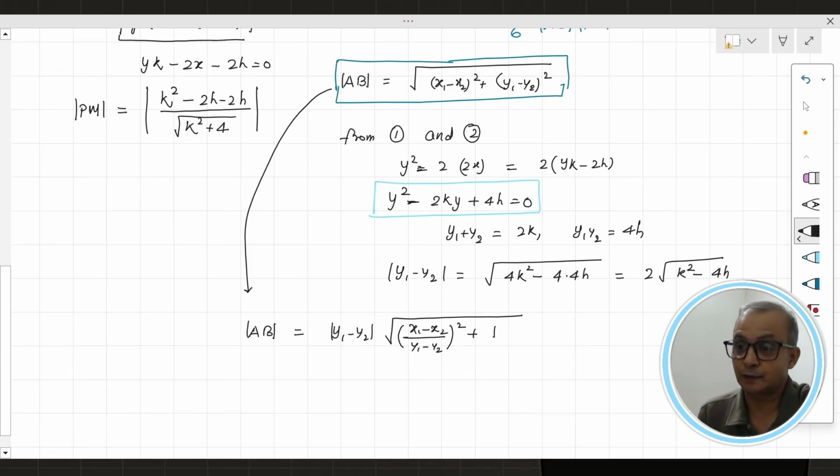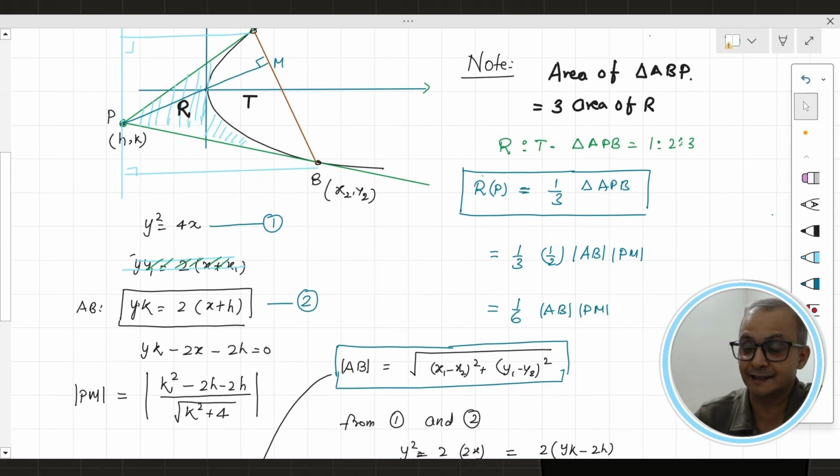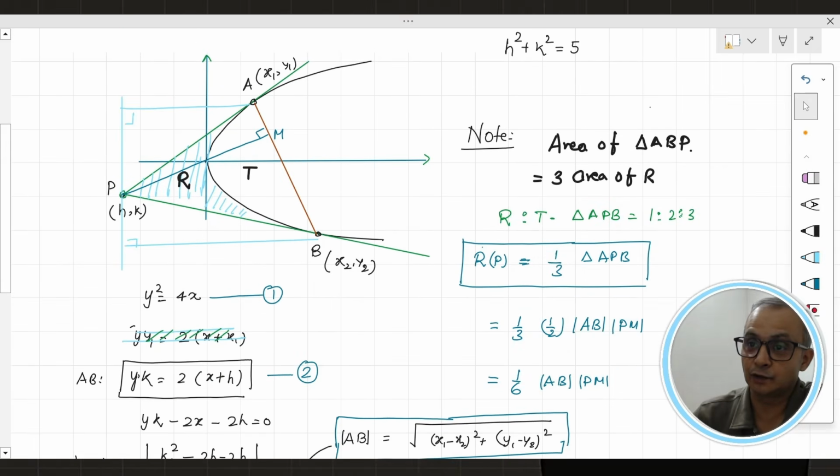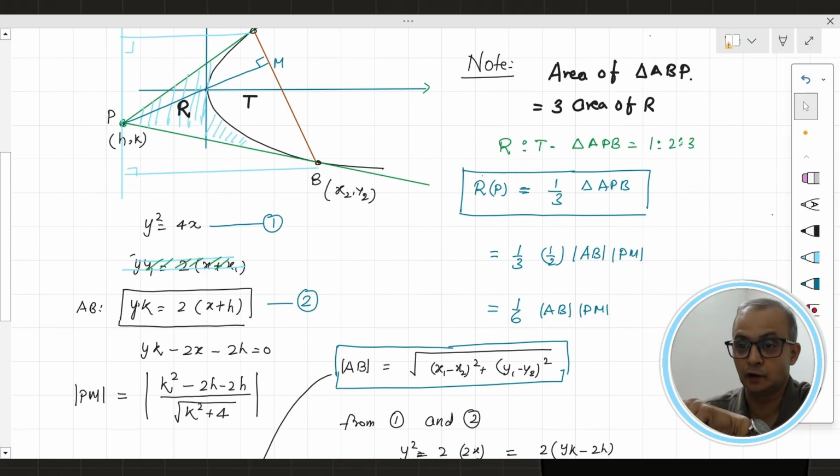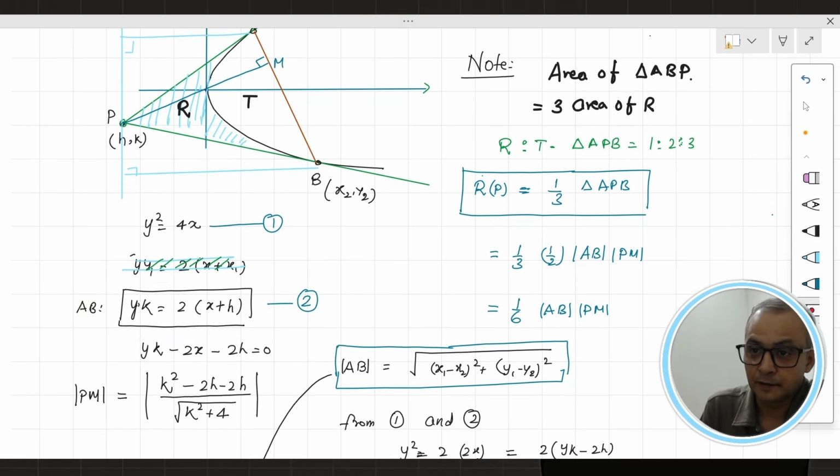But notice x1 minus x2 by y1 minus y2 is the reciprocal of the slope of the chord, because you are connecting this A and B to find the chord, and since we are taking the ratio of the difference of x coordinates by the difference of y coordinates, it is the reciprocal of the slope of the chord. And here the slope of the chord is actually going to be, what is that? The slope of the chord is 2 by k.